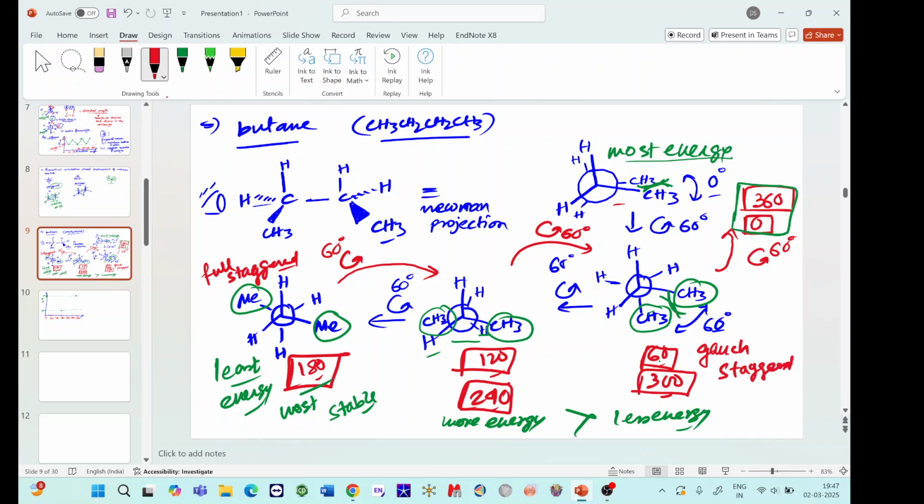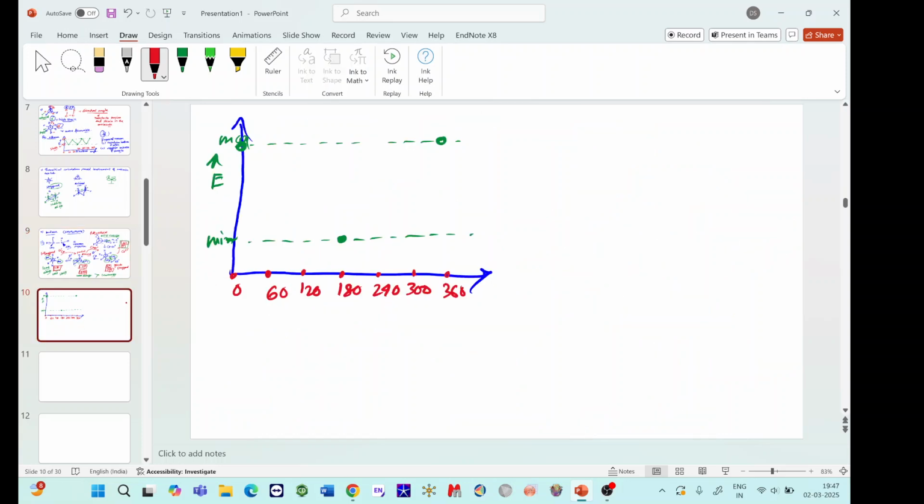This one is fully eclipsed. This is partially eclipsed. So this one will have medium energy, something like here 120.